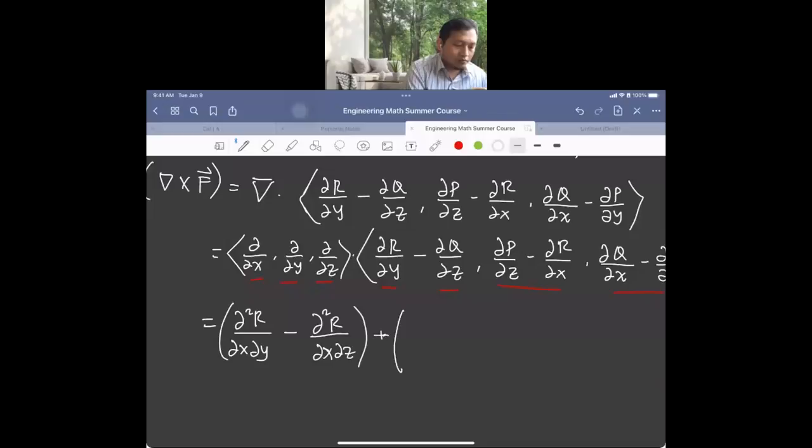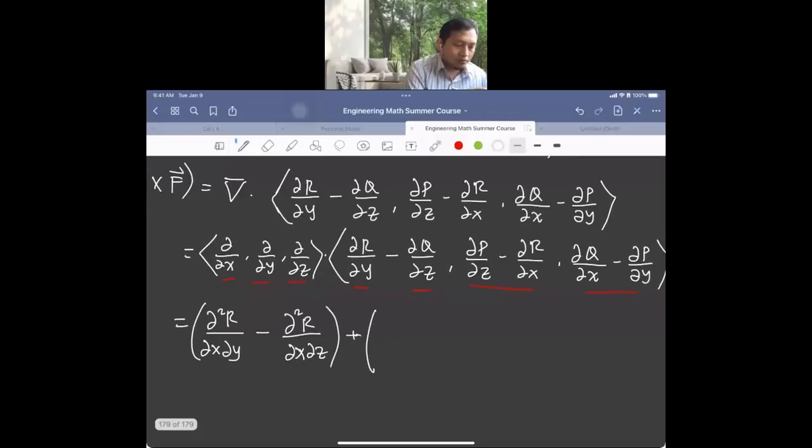And then plus, because it's a dot product, we add all the components: dou squared p dou x dou z... oh wait, dou y, sorry.